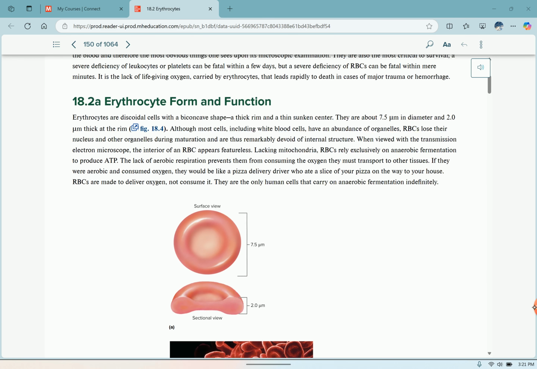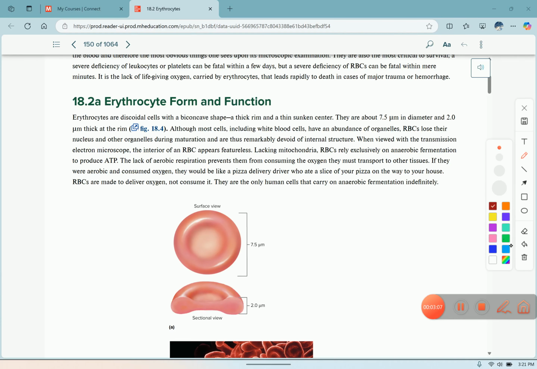A red blood cell has this particular look to it, where it is donut shaped, it's round, about 7.5 micrometers in diameter. And one of the things that it will have bound to it is hemoglobin. So HB is short for hemoglobin. We'll look at that in more detail in a minute.